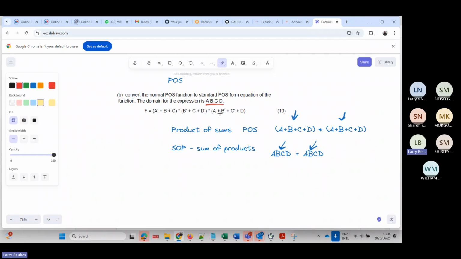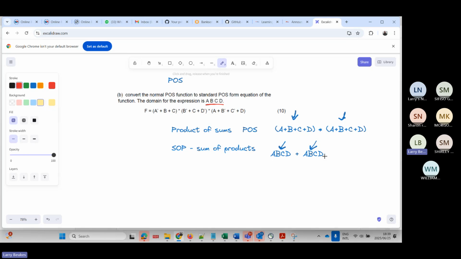Now what we're going to do is look for a missing variable, and then write down both possibilities for that missing variable. For example, if D is missing, we won't know what D is, so it's going to be D and D naught, right? This is similar to expanded form.